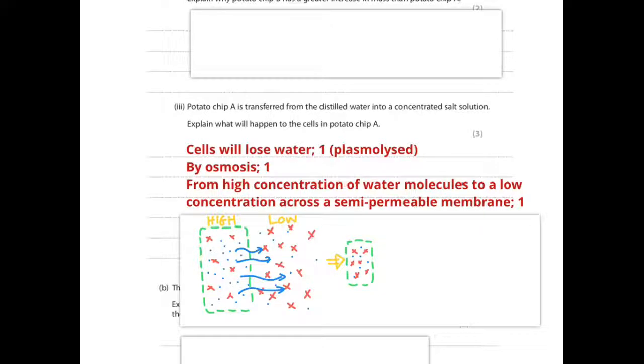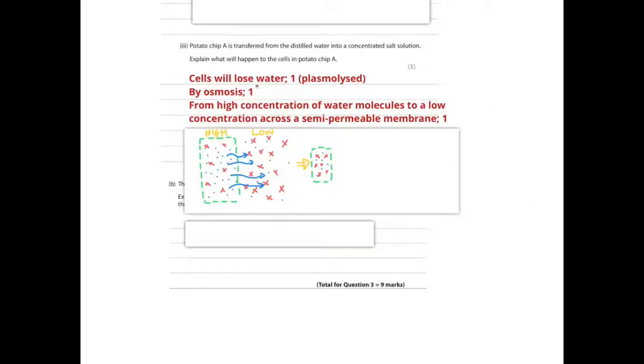That's a cell membrane, and it's called semi-permeable because it has little gaps in it which allow water through, but not salt because it's too big, or sugar because it's too big. So cells will lose water. That's what happens. And then we're giving a reason for why it happens, but it's a 2-mark reason. That's why it's 3 marks.